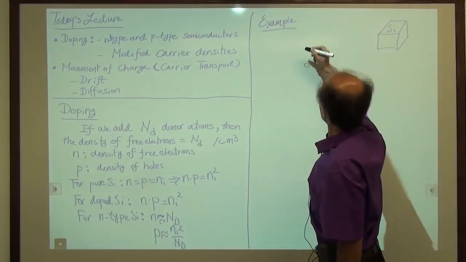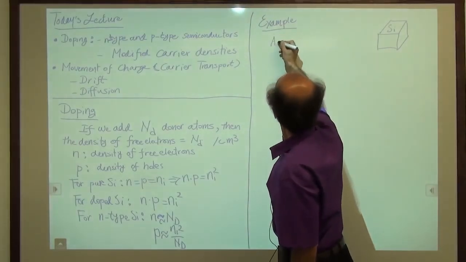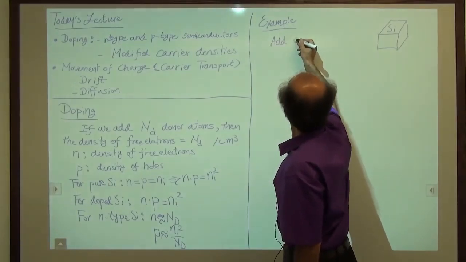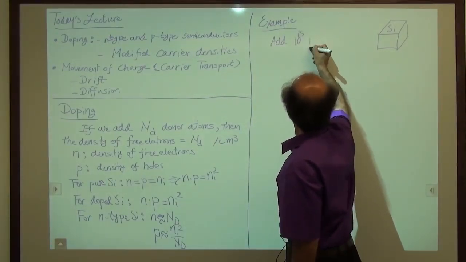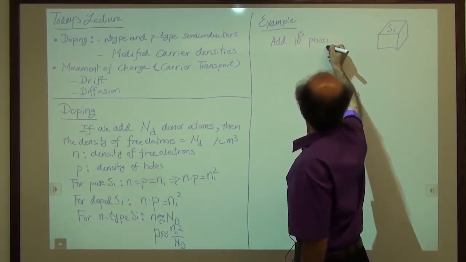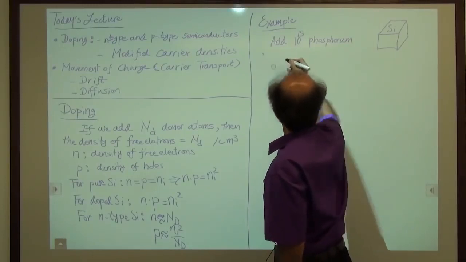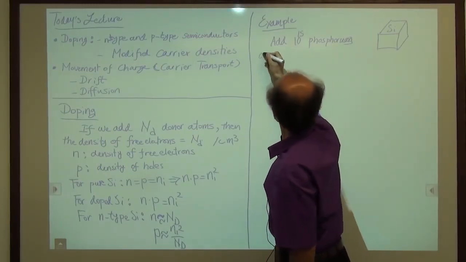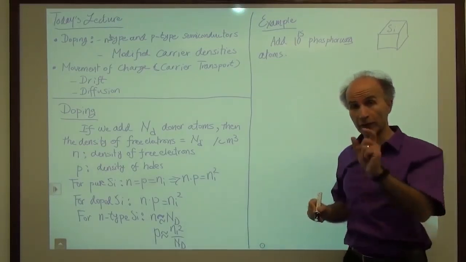And what we know is that we add 10 to the 15 phosphorus atoms to that 1 cubic centimeter.